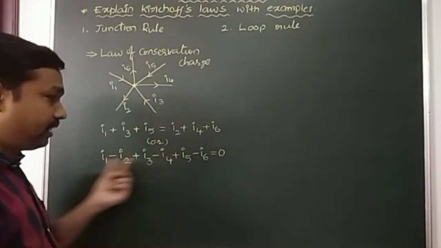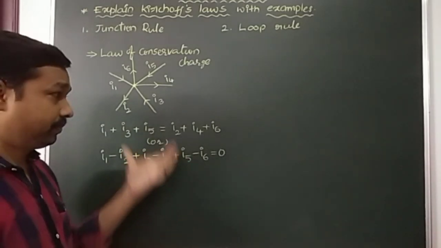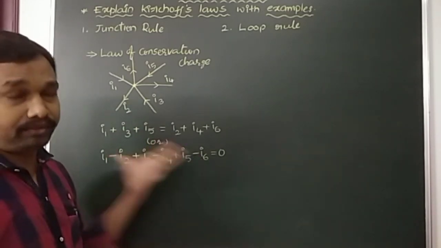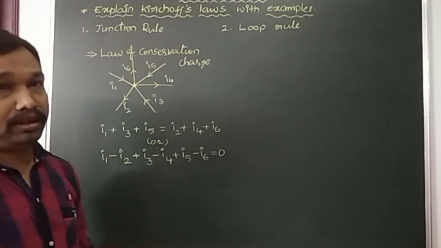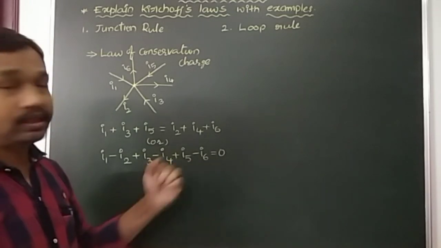Okay, I1, I3, I5 coming toward the junction we considered positive. I2, I4, I6 which are leaving away, we need to consider as negative. So we will get one more statement: the algebraic sum of current at a junction must be equal to 0.